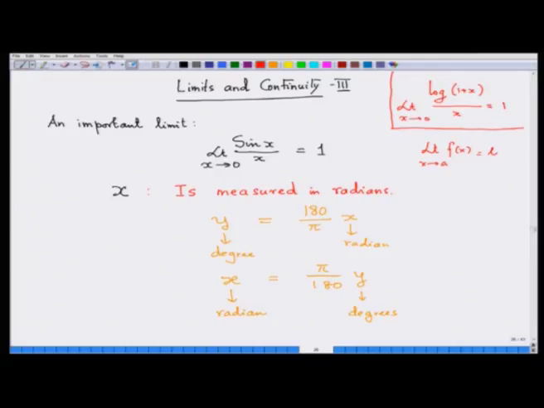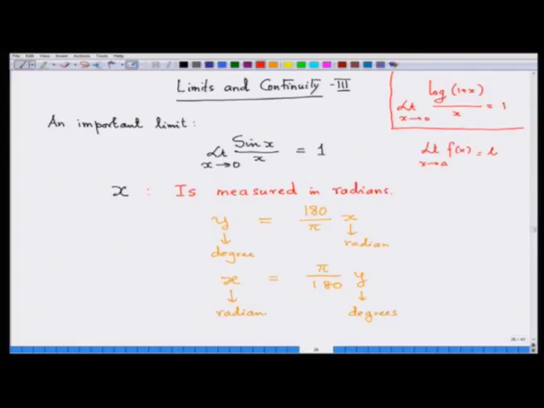At all points in the neighborhood other than a we expected the function value to be computed, but a need not be in the domain of the function f. Here, for whatever x that you take on both sides of 0, sin x by x is a perfectly valid function, it has a numerical value, but at 0 it is meaningless because it will become 0 by 0. But it still has a finite limit. So, this is f x, this is your a, which is not in the domain of this function, a is 0 here, and L is 1 here.